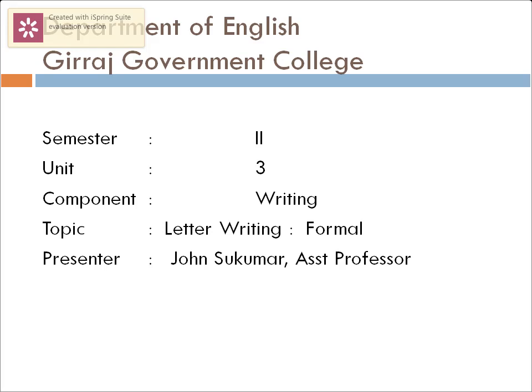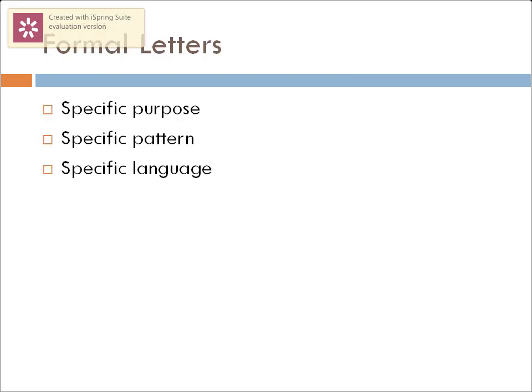In this video, we'll be looking into the grammar component of Unit 3 of Semester 2 syllabus, that is about writing formal letters. Now, formal letters, as the name suggests, are written in a formal or official context.